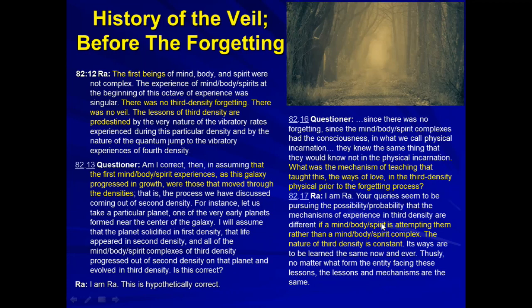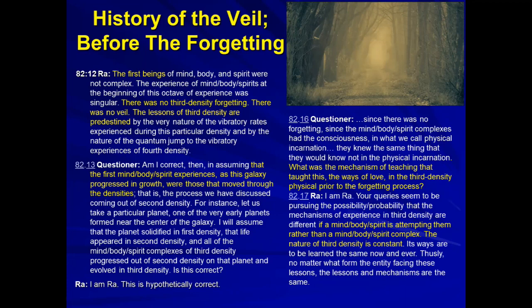So that's Ra reframing the question. The nature of third density is constant. Its ways are to be learned the same now and forever. Thusly, no matter what form the entity facing these lessons takes, the lessons and mechanisms are the same.